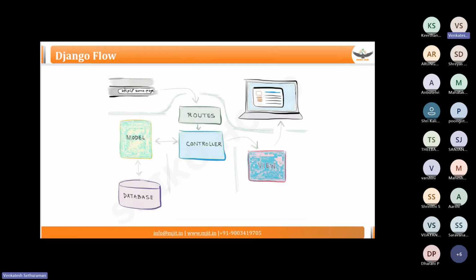Suppose this is the Django flow. The user types an HTTP request, and it comes to the routes, which are called URLs in Django, then goes to the controller. Controller means the views here, which talk with the model.